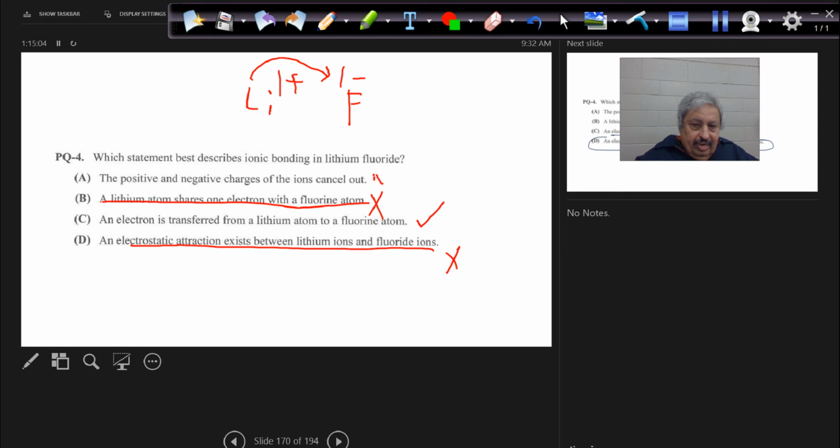This one here can be correct, and this one can be correct. So which one?